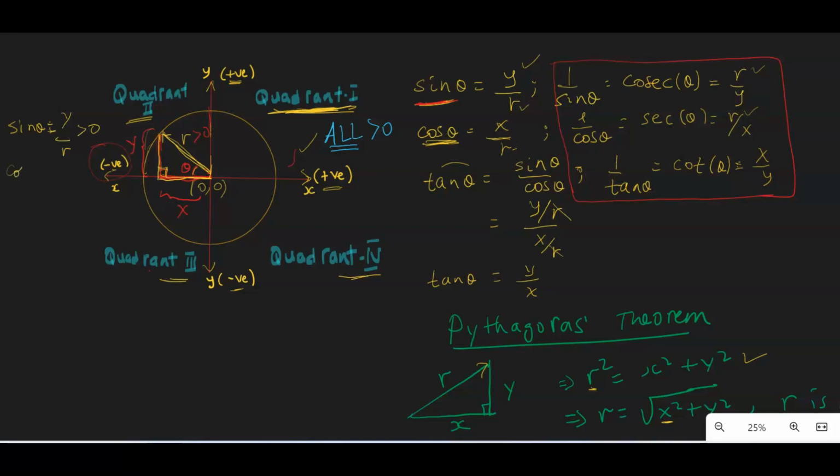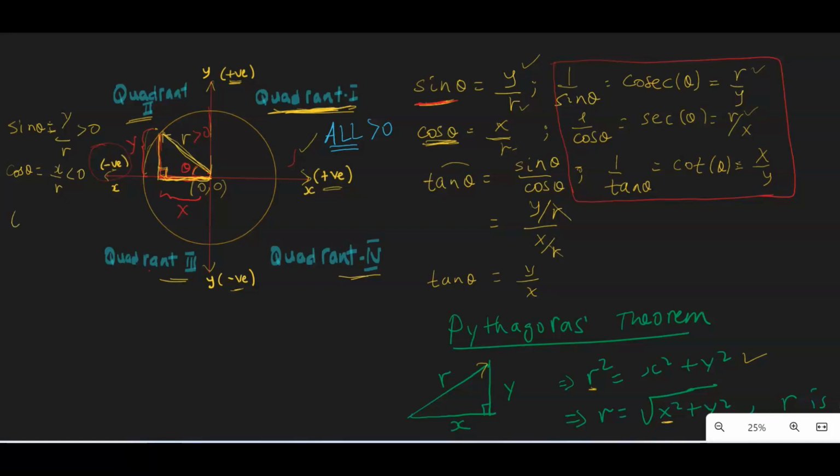If you see cosine of angle theta, which is adjacent divided by hypotenuse, the adjacent is on the negative x-axis, because the x-axis to the left of the origin 0 is always negative. So a negative side divided by positive gives us negative. So x divided by r is less than 0.